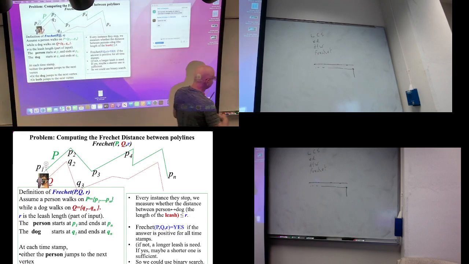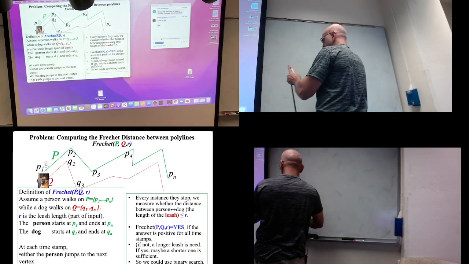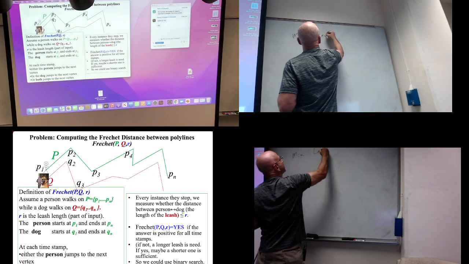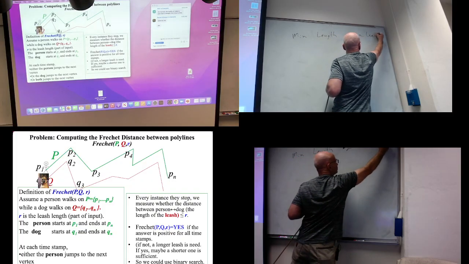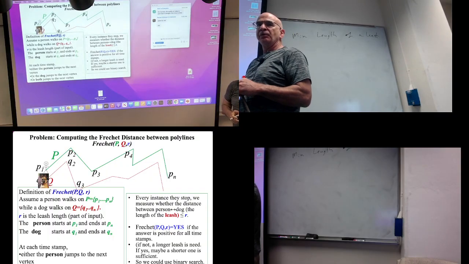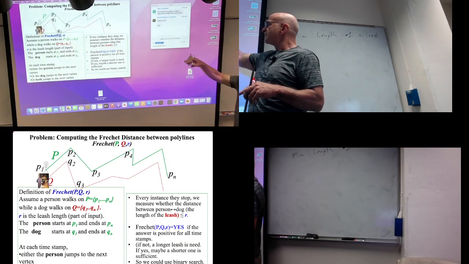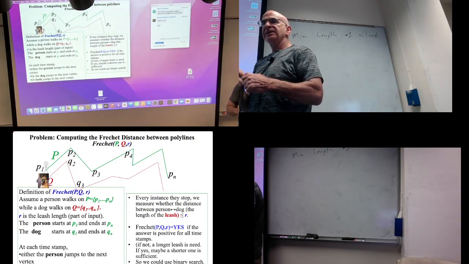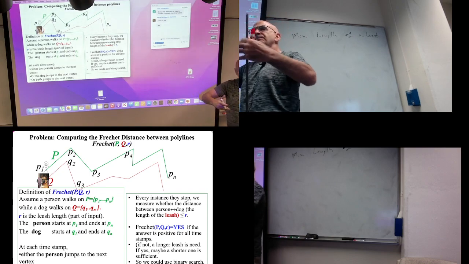What we really want to find is the minimal length of a leash. So I want to solve an optimization problem. One of the reasons that I'm showing you this example is that it's nice to break the problem into two separate entities.